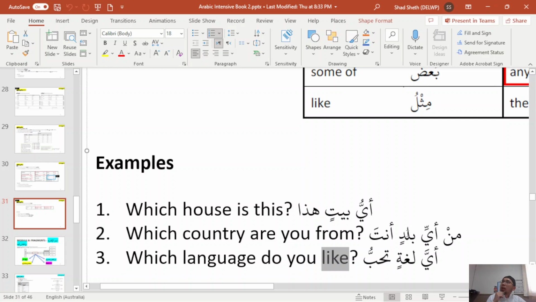Alright? Kullu, there are not too many examples, but if you want to say every masjid, you will say kullu masjidin. Because again, it must be majrur. Every masjid, kullu masjidin. Kullu nafsin. And the mudaf ilayh doesn't have to be proper. If you realize, just now I said kullu masjidin. I didn't say kullul masjidi.